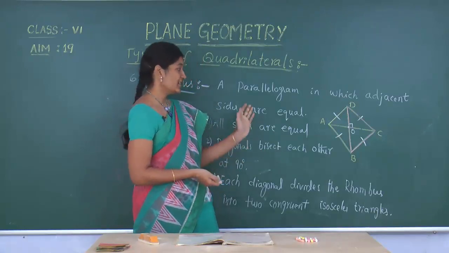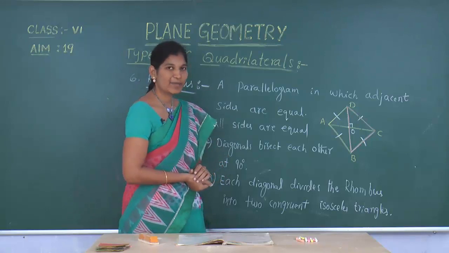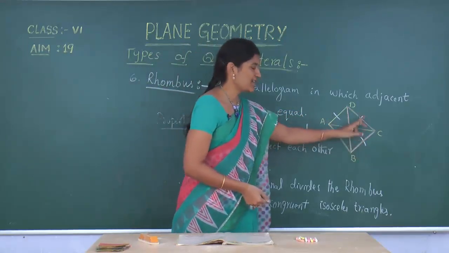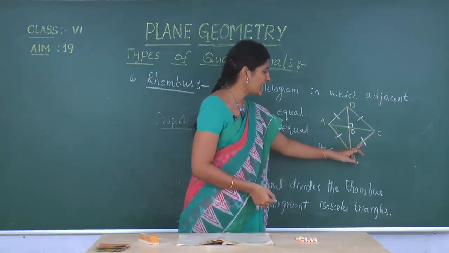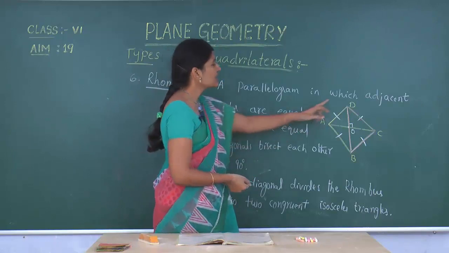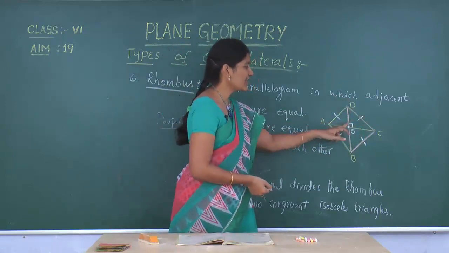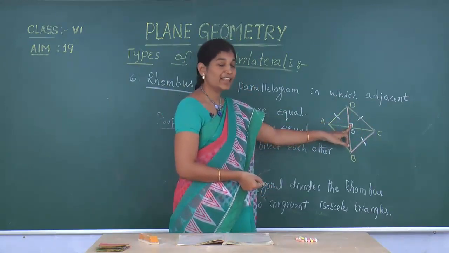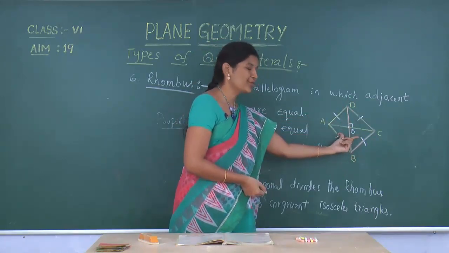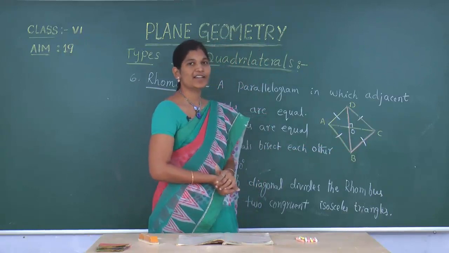Once more let me explain. In rhombus all sides are equal. The second one is diagonals bisect each other at right angles. And the third property is each diagonal divides the rhombus into two congruent isosceles triangles.